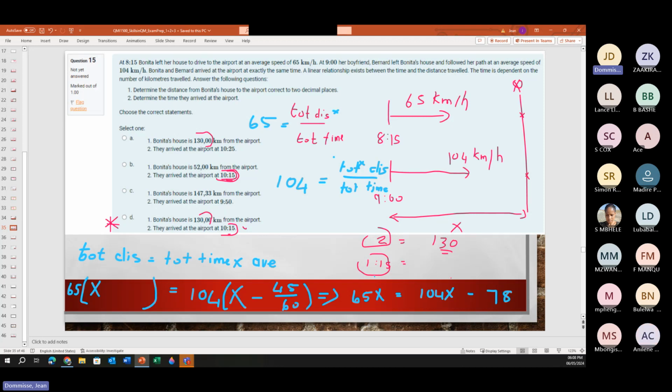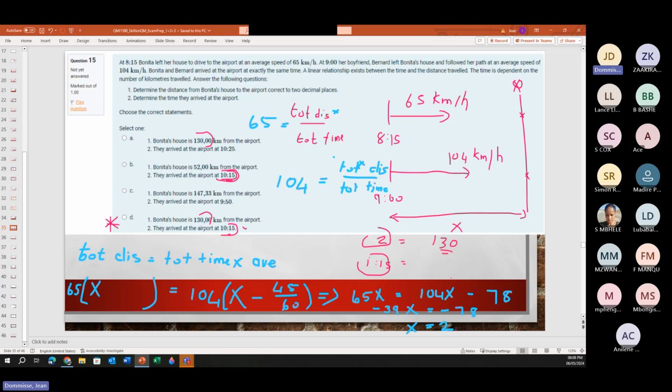So if I take this to this side, 104 minus 65 gives me minus 59. X is equal to minus 79. X is equal to 2.